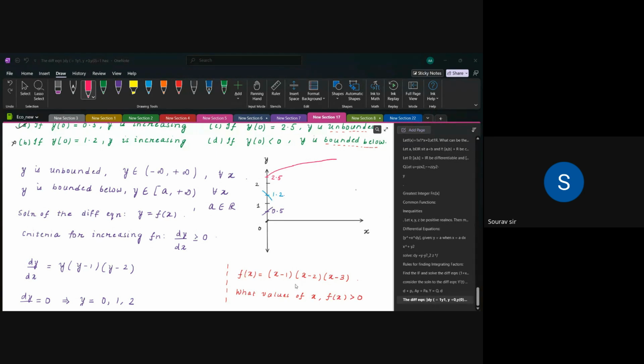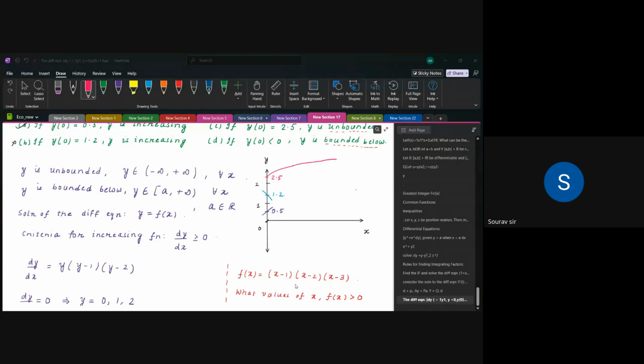Agreed? So that means if y(0) is 2.5, I can at least say that y will be unbounded above. That much we can say, right? But that does not mean that it's fully unbounded, right? It might not be unbounded below.